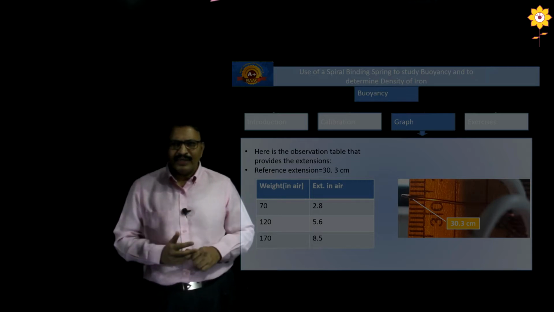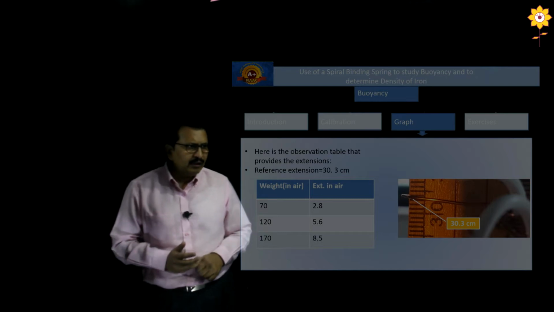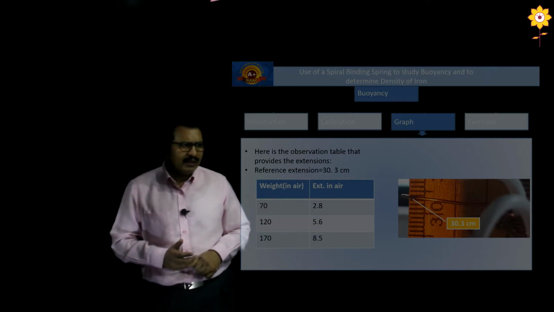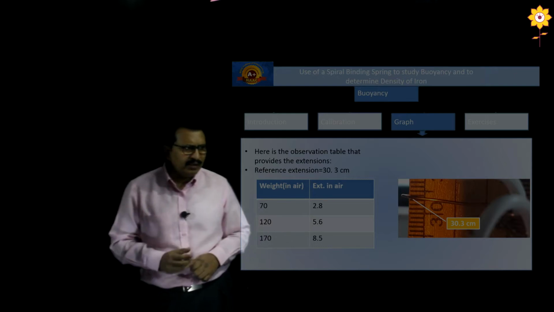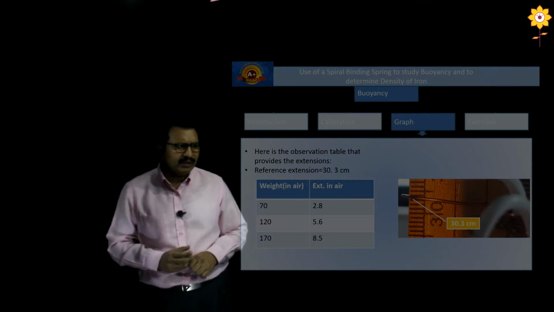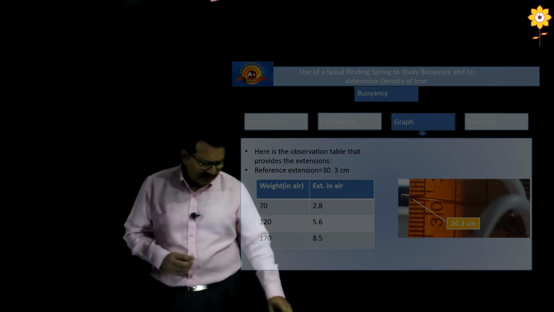So for 70 grams the extension that we find is 2.8 centimeter. For 120 grams the extension is 5.6 centimeter, and for 170 grams the extension is 8.5 centimeter.